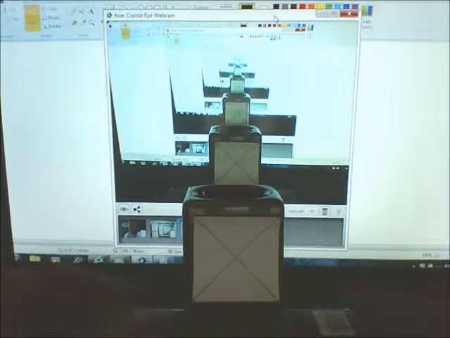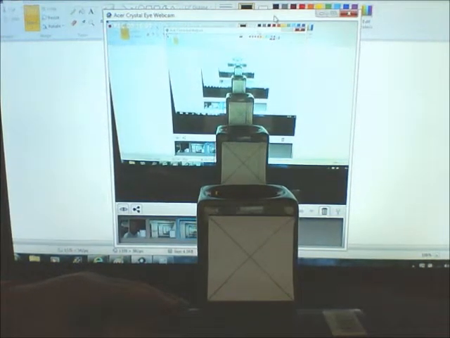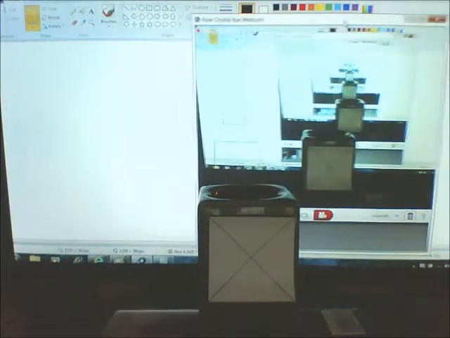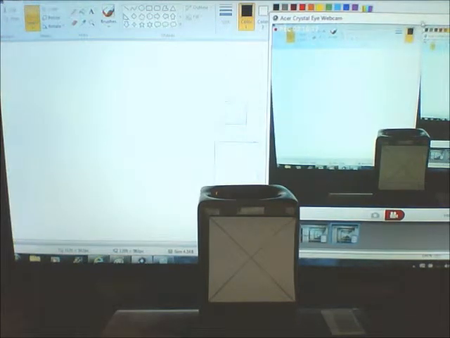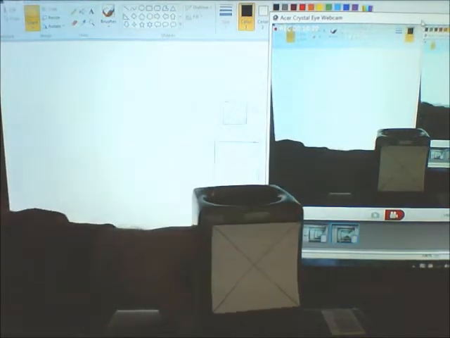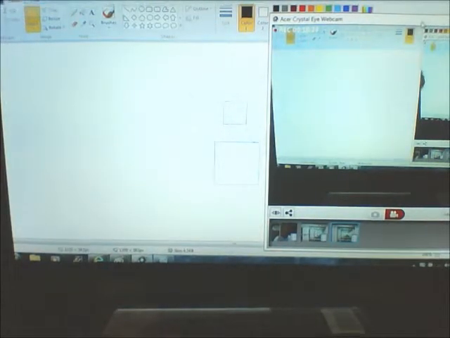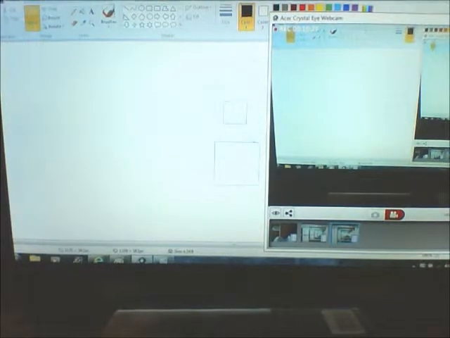So what I'm going to do now is bring the camera over, and you can see my marks there. I'm going to make those more distinct here.